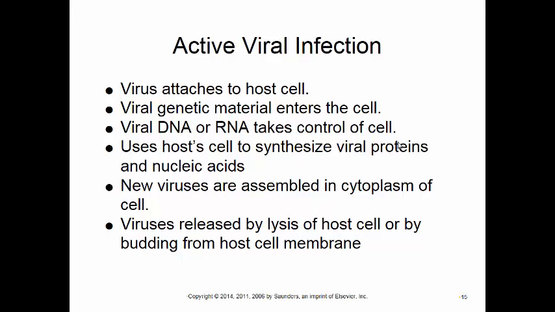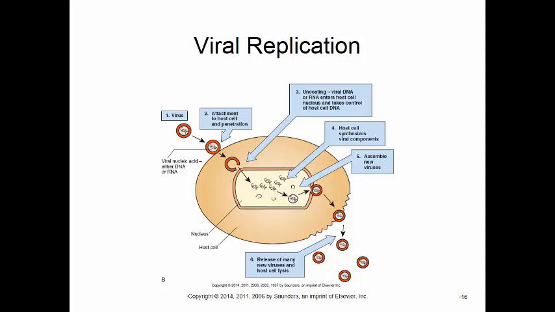The new viruses are then assembled, and then the cell bursts, or lyses, and releases the new viral particles. That's one thing that can happen. Or it can produce the viruses and then they bud off and get released into the environment. So here's a case of the viruses budding off and being released.